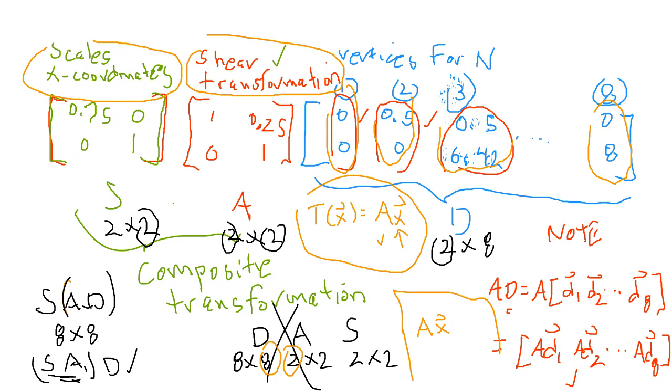Whereas if you do S times A times D, you're doing one transformation at a time. It doesn't really matter which, but generally we do one transformation at a time. Good question.